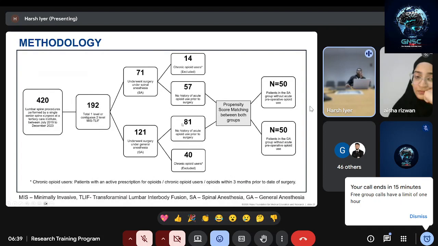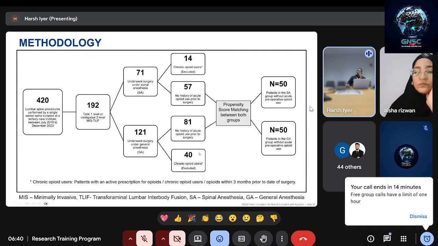And to be very honest with you, we did not want to use chronic opioid users, because there is very good published data showing that patients who take chronic opioids prior to surgery have a high likelihood of increased post-operative opioid usage.